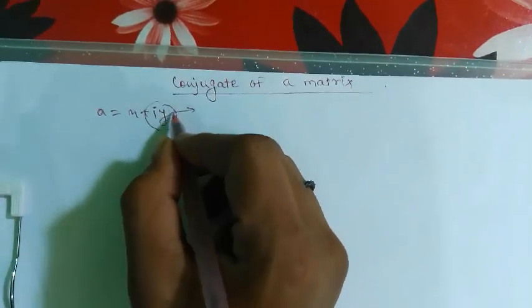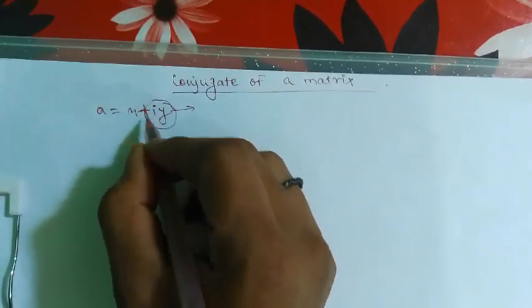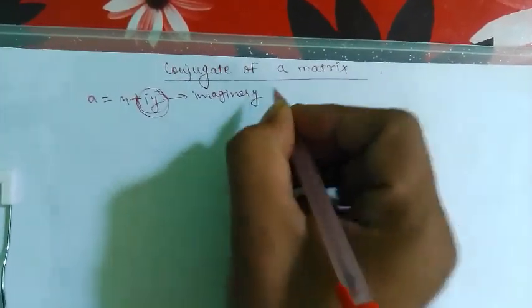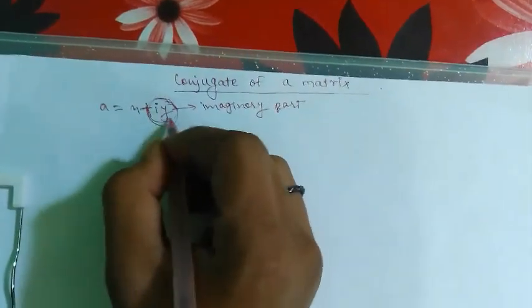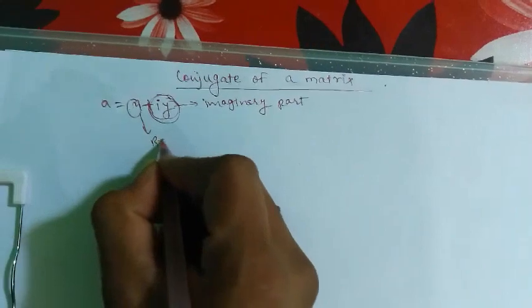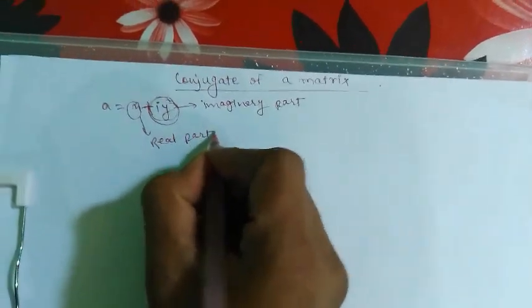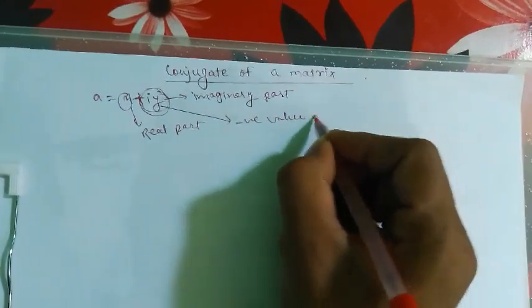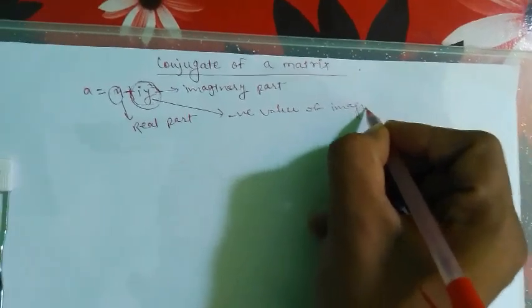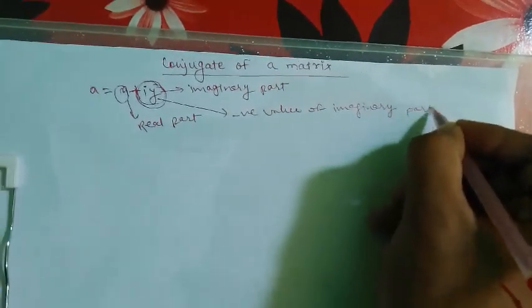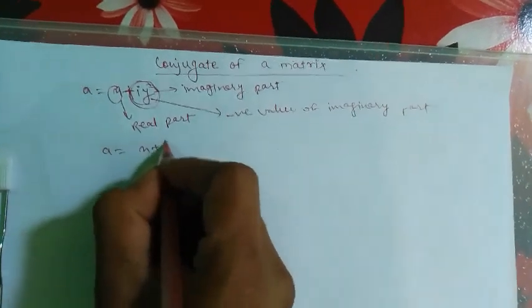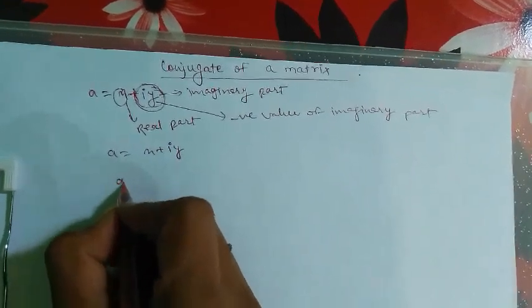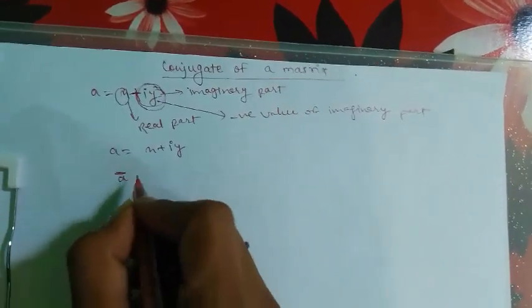Here, as we are seeing, this is the imaginary part, i y, and this is the real part of a complex number. So conjugate is basically the negative value of the imaginary part. So if a is equal to x plus iy, then we can denote the conjugate as a bar, with the bar on top.